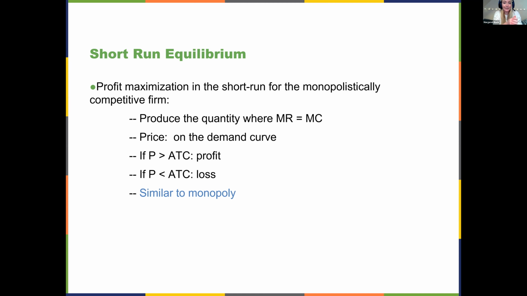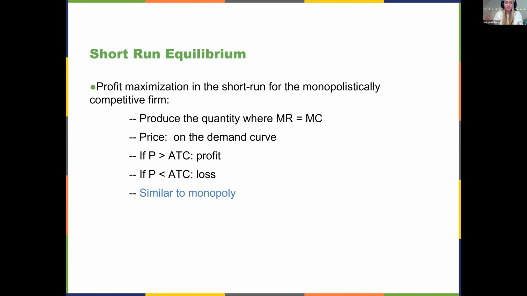Nike has its own mini monopoly on Nike brand shoes. Adidas has its own mini monopoly on Adidas brand shoes, etc. So each company has its own mini monopoly in the short run. That is why, in the short run, these firms can behave like a monopoly.